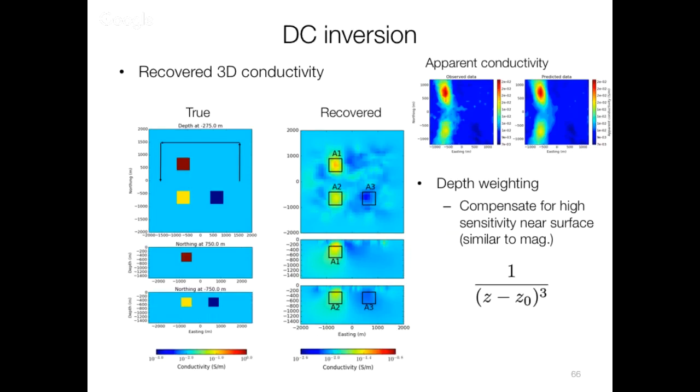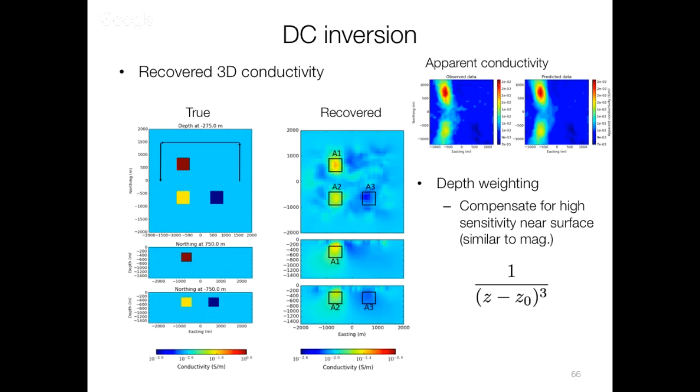So we got the DC data, so we could go ahead and invert them. That would be just the same thing as we did first thing this morning. But we have a little bit of a challenge here because we only have one transmitter. So that means that the DC resistivity data from a gradient array are kind of like a potential field.